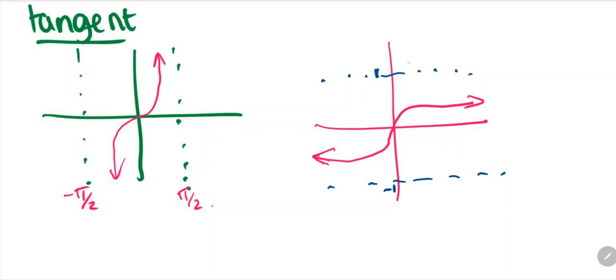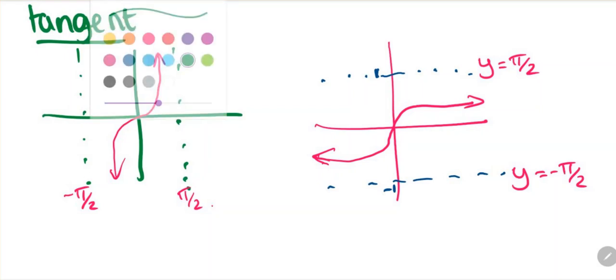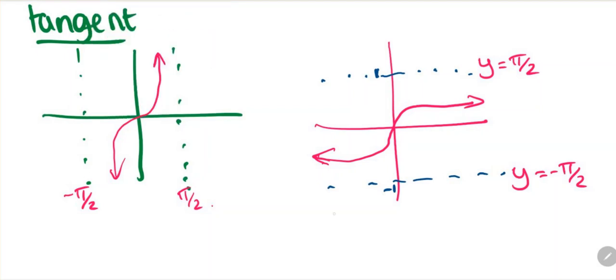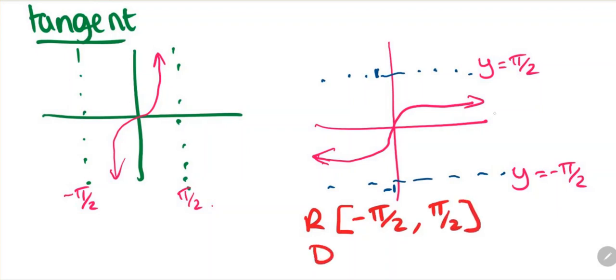So this time, because it's switched, this is going to be y is pi over 2, and this is going to be y is minus pi over 2. The range is going to be minus pi over 2 to positive pi over 2. And the domain, because it continues indefinitely, is going to be from -infinity to +infinity.